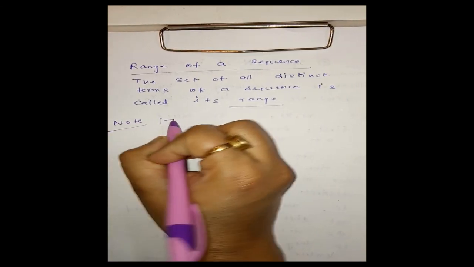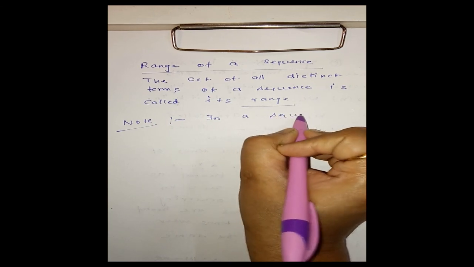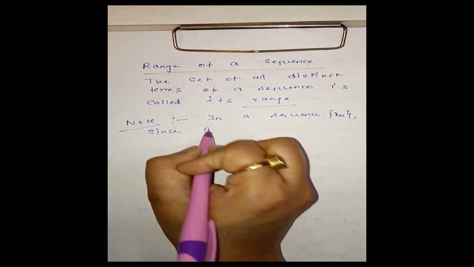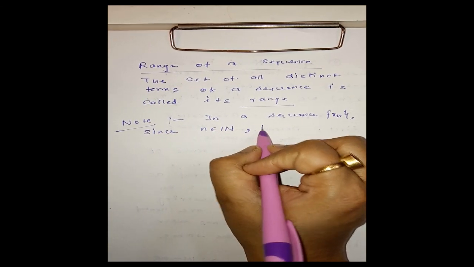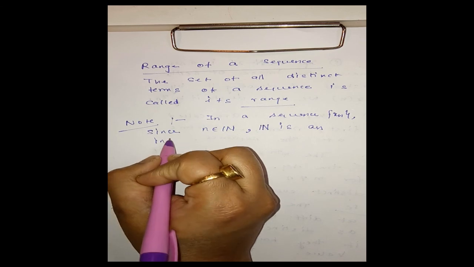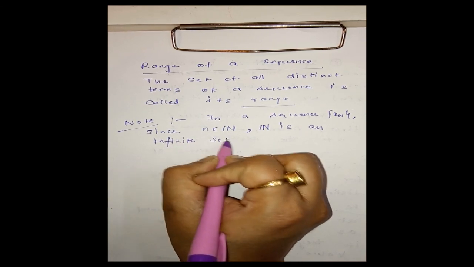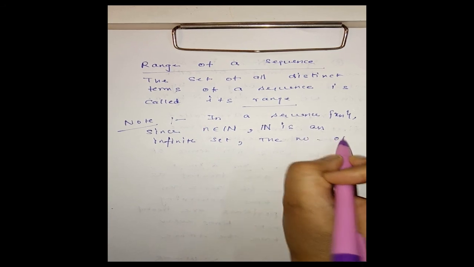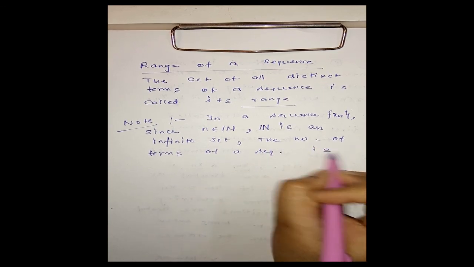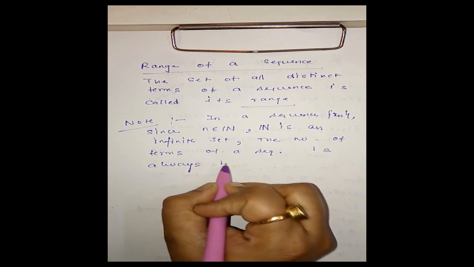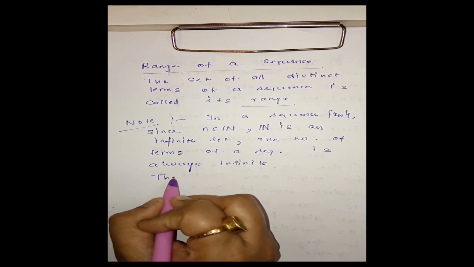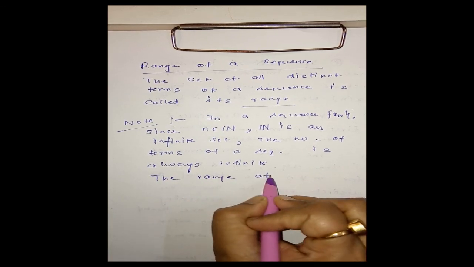Note that in a sequence xn, since n belongs to natural numbers and the set of natural numbers is an infinite set, the number of terms in a sequence is always infinite, but we may have the range as a finite set.